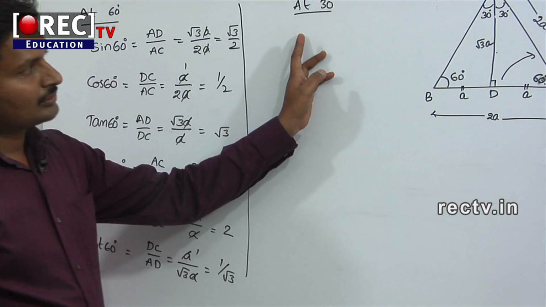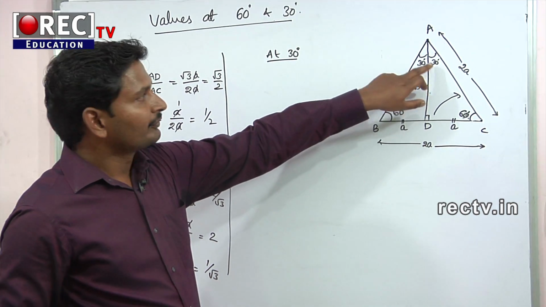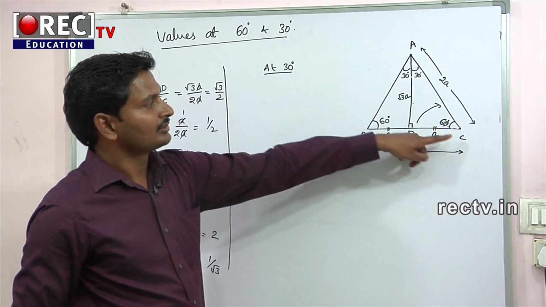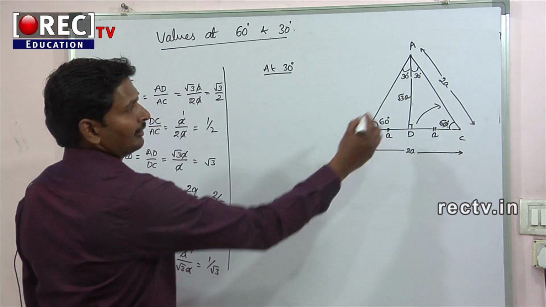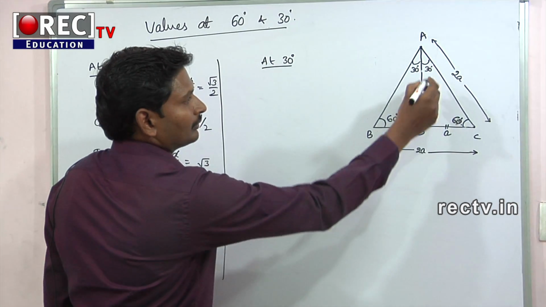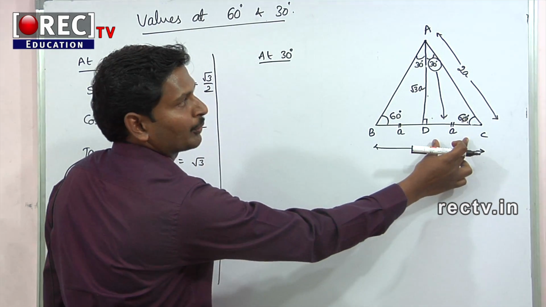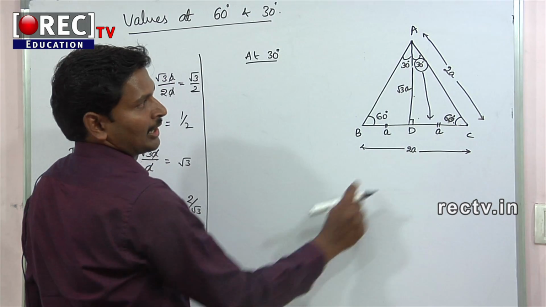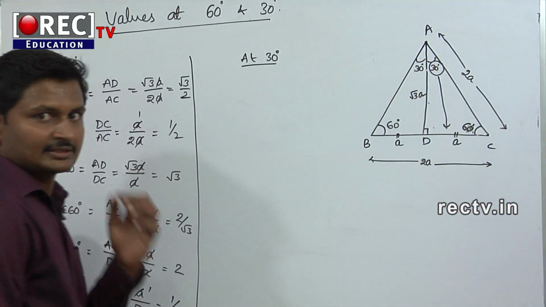Now from the same triangle we have to take all the trigonometric ratios for the other angle. Here CAD is 30 degrees. From this angle, DC becomes the opposite side of angle 30, AC is the hypotenuse and AD becomes the adjacent side.